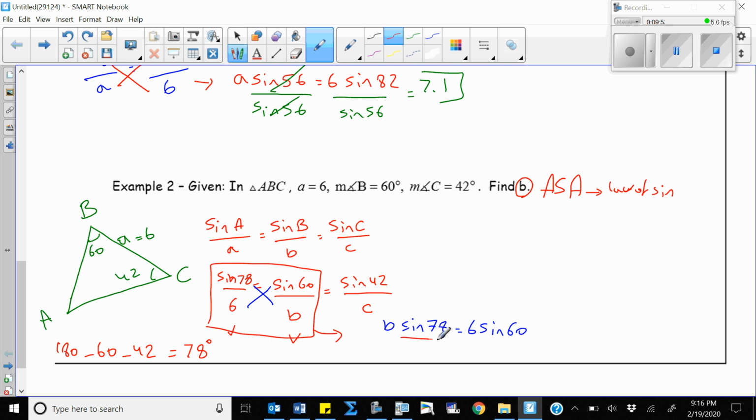To solve for B, I divide everything by sine of 78. These two cancel each other, and B will be equal to 6 sine of 60 divided by sine of 78.